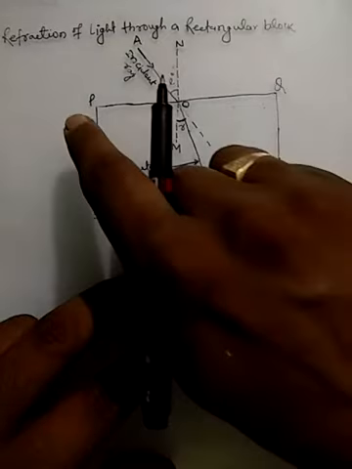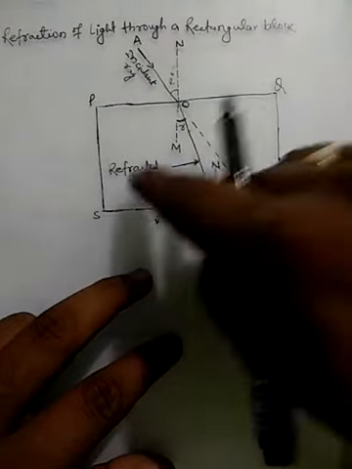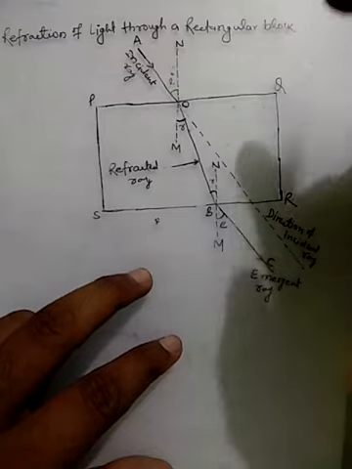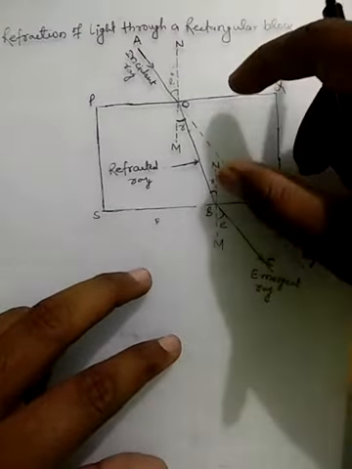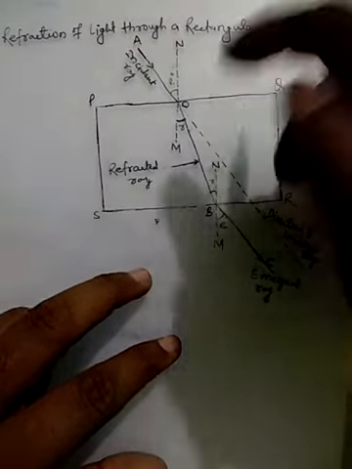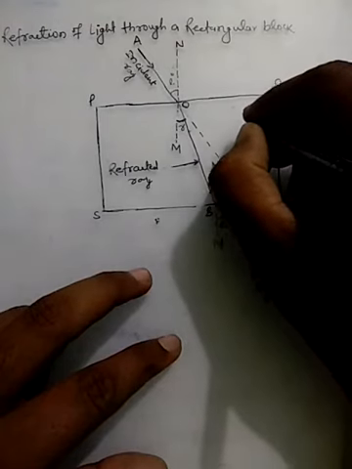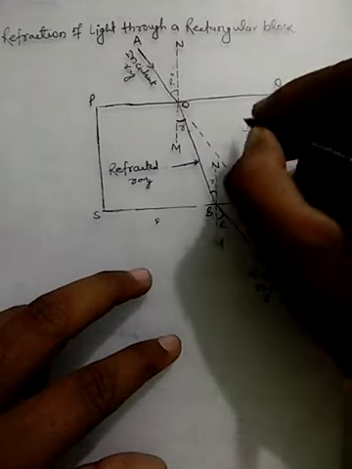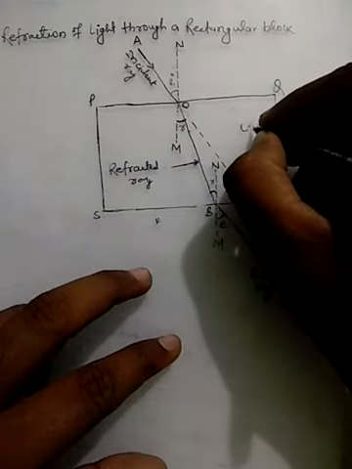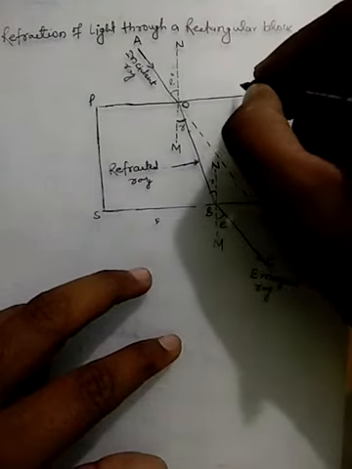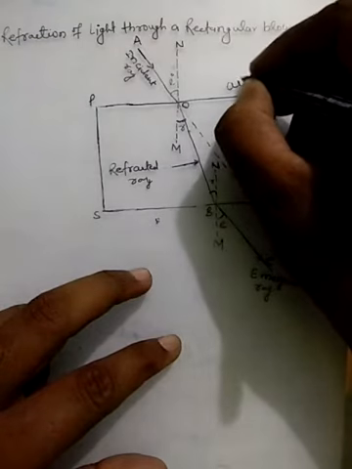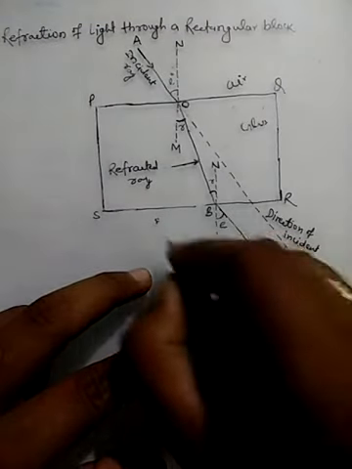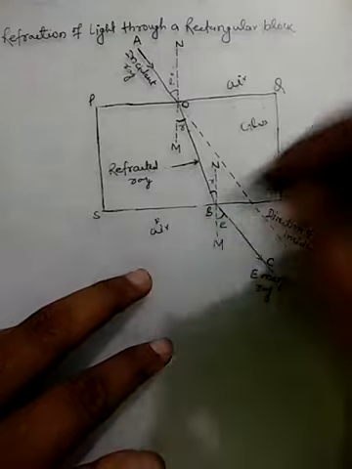Here, PQRS is a rectangular block, and this represents the medium glass. This is the rectangular glass, and this is air, and this is also air.